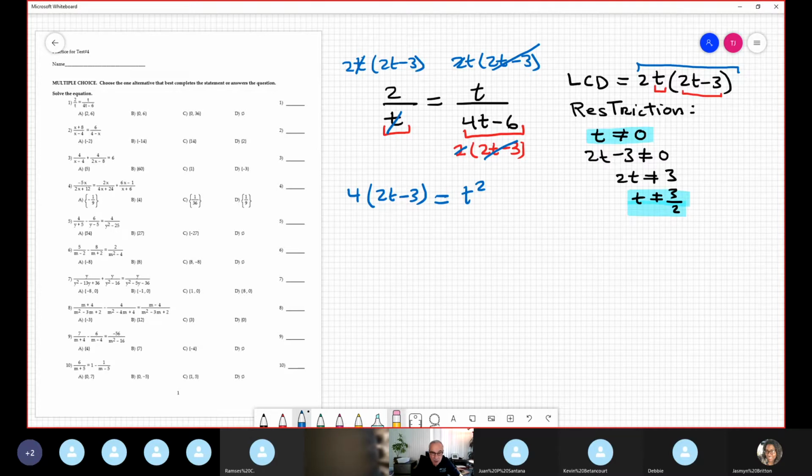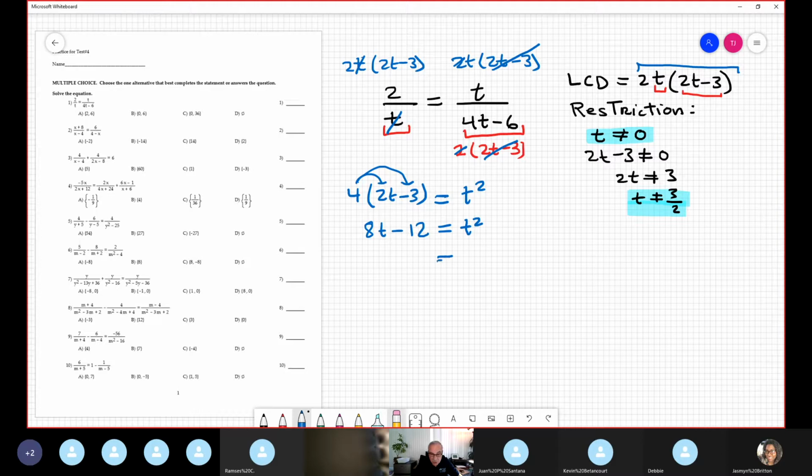Let me remove the parentheses. It's 8t minus 12 equal to t squared. So I realize that this is a quadratic equation. The reason is that it contains at least one term where the exponent is 2. With this identification, we are working with a quadratic equation. So I try to put it in standard form, always.